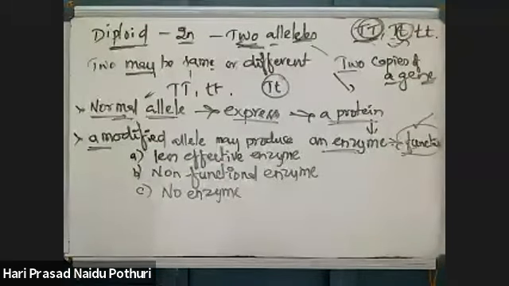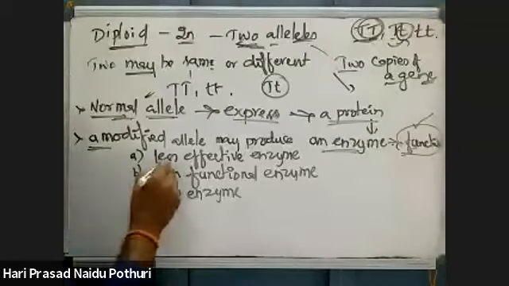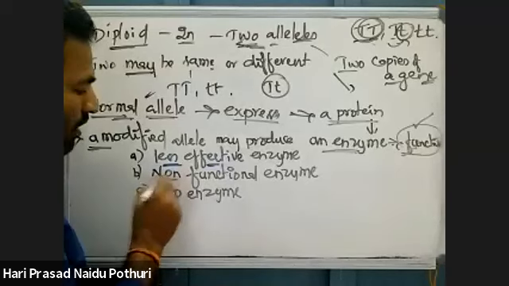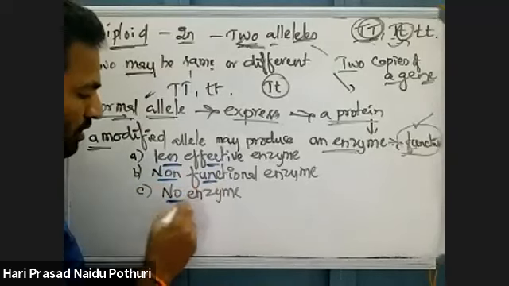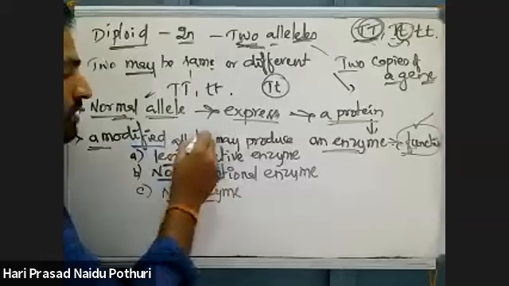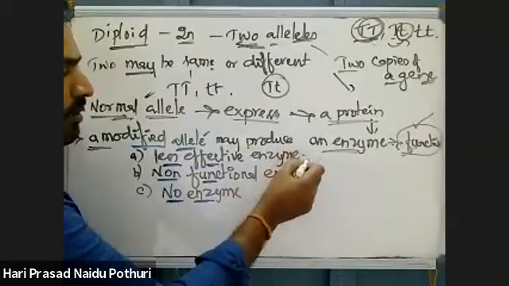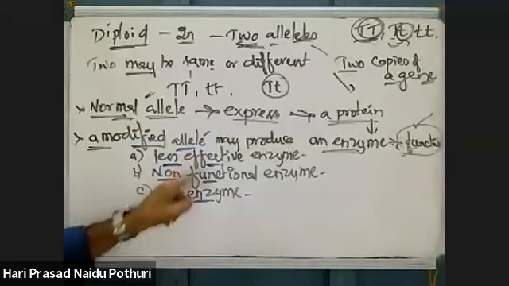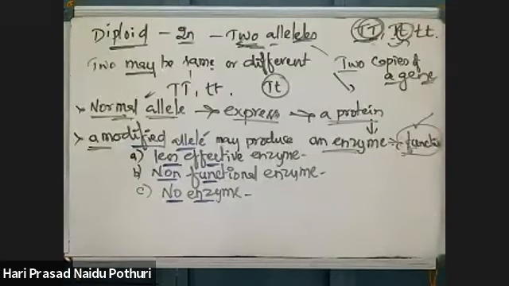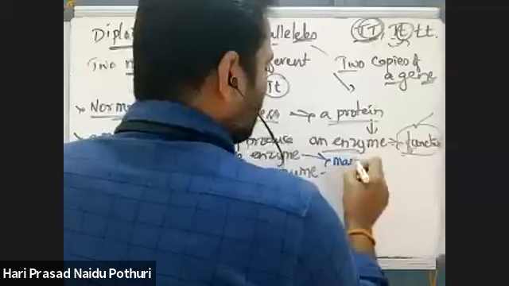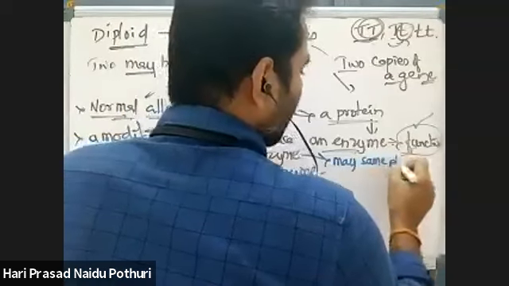See here, the modified allele may be producing less effective enzyme, or non-functional enzyme can be produced, or due to the changes in the allele, modified means gene is changed, DNA is changed. As a change in DNA has taken place, there may be a chance of no effective enzyme or less effective enzyme, or no enzyme. See this, when less efficient enzyme is produced, it may produce the same phenotype.